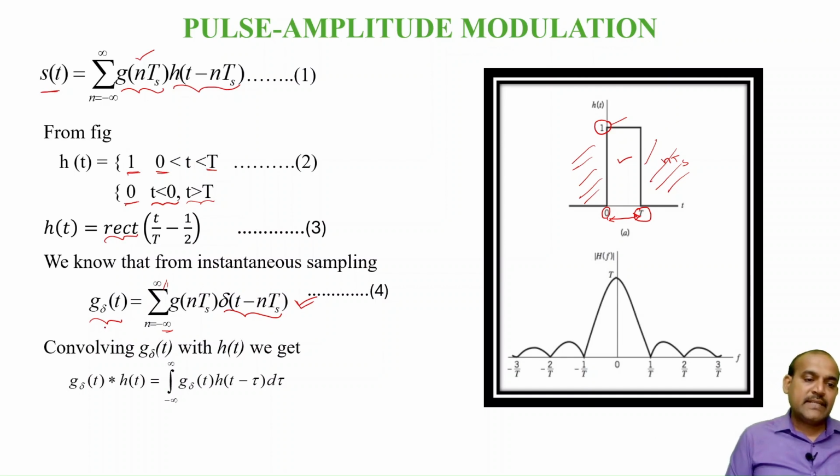So let me convolve g delta of t with h of t, where h of t is the rectangular pulse.